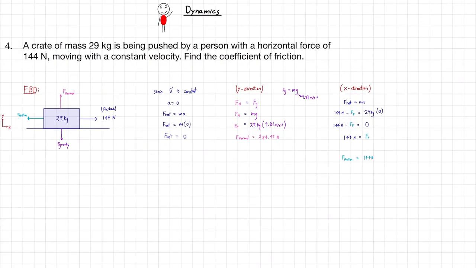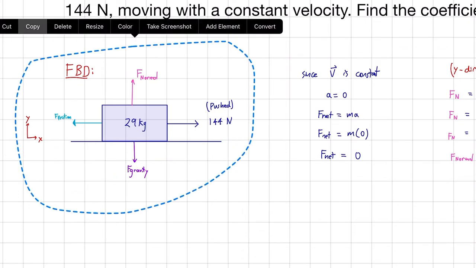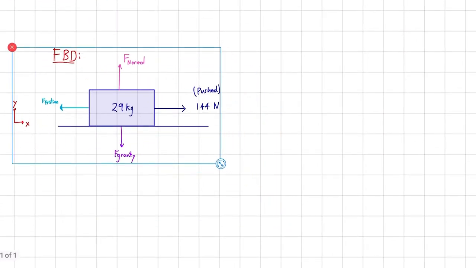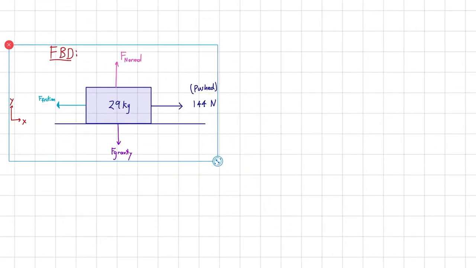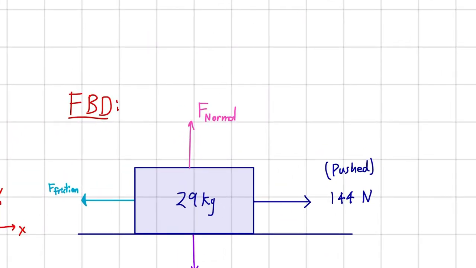So what I want to do now is I'm going to redraw this free body diagram. I'm actually just going to copy it and paste it just because that's a little bit faster for us. And this is our free body diagram with values.